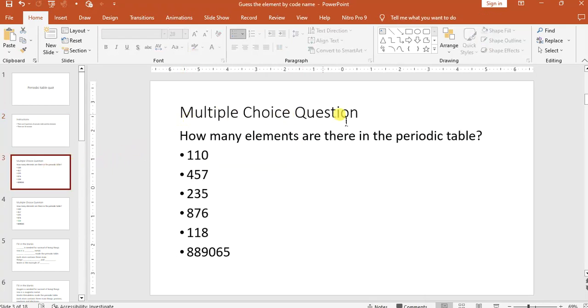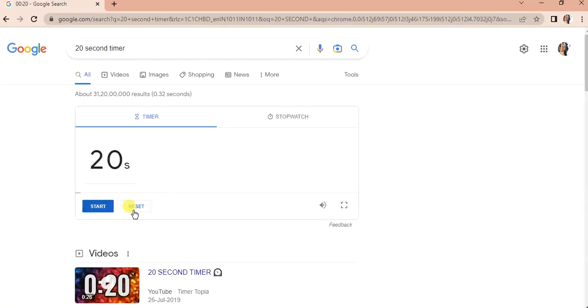Question: multiple choice questions. How many elements are there in the periodic table? 110, 457, 235, 876, 118, or 889,065? Your 20-second timer starts now.